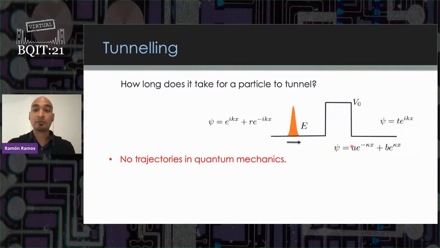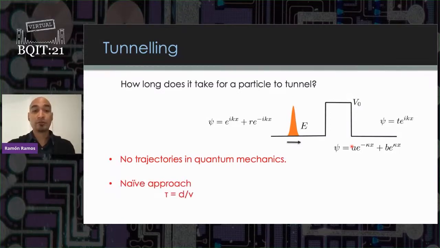By taking the difference between these two times, we obtain the duration of the particle in that region. However, the concept of trajectories is not well defined in quantum mechanics. If we try the same measurement, the first measurement will disturb the system, and whatever we obtain won't be representative of the tunneling time.